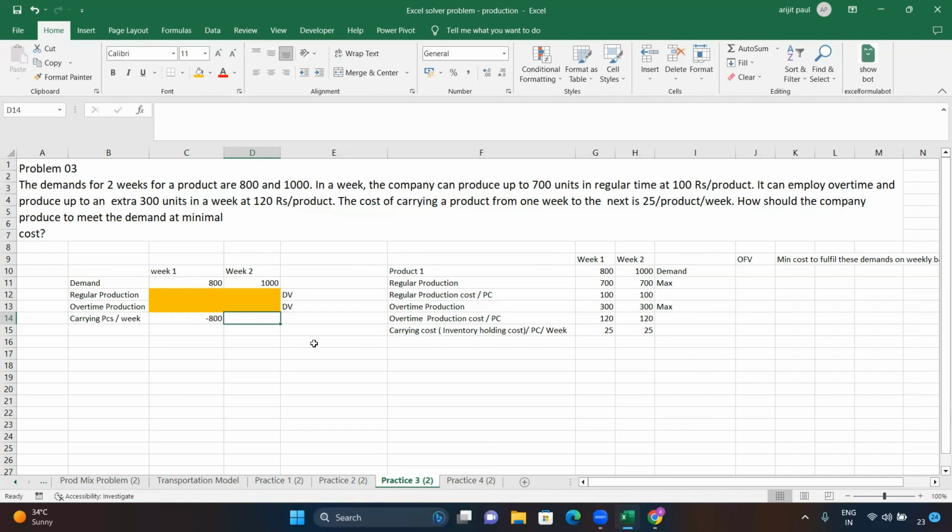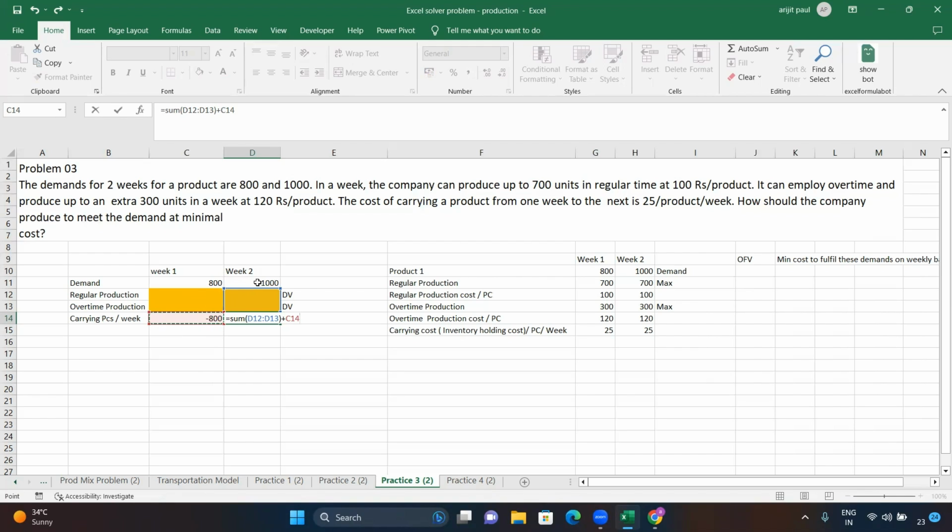Carrying pieces for the second week will remain more or less the same. So for week 2, we can mention regular production plus overtime production plus the carrying pieces of week 1. That means, for example, for week 1, if we produce 1000 pieces and we have a demand of 800 pieces, then that extra 200 pieces we need to consider for week 2.